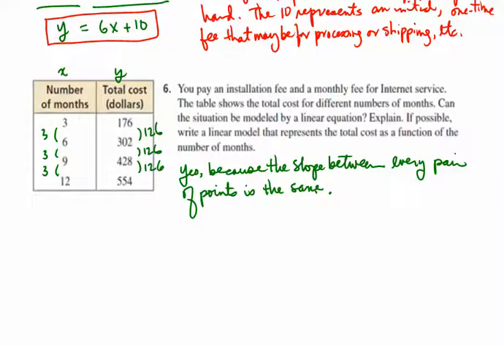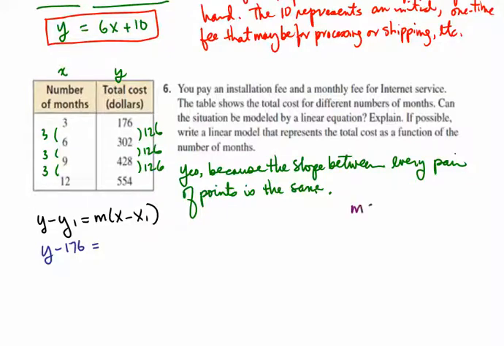So what we do first, we use our point-slope form and substitute the slope and any one of the points. We'll just use the first point. So we have y, the first y value, 176, is equal to, now we haven't talked about the slope here. The slope is not 126, the slope is the change in y.